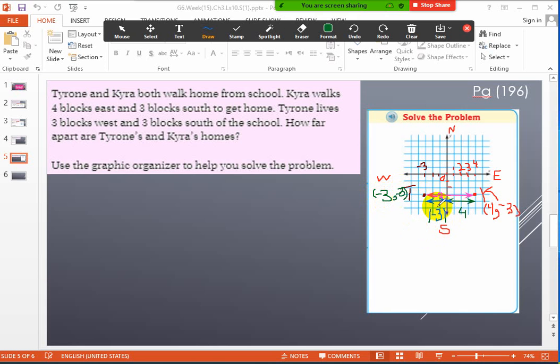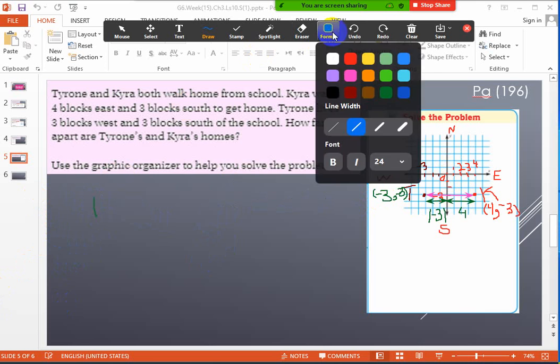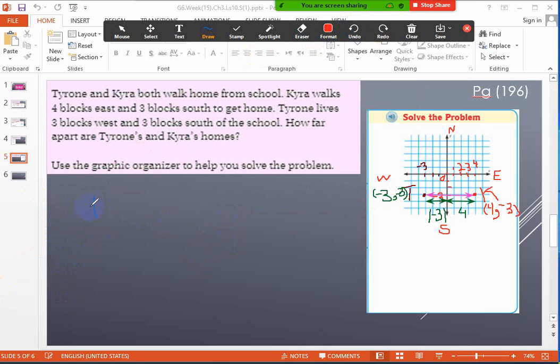So to find the distance between those 2 points, what do I have to do? Add or subtract? Who will tell me? I have to add. Very good, girls. So the distance, I will call it D. The distance between those 2 points equals 4 plus the absolute value of -3.